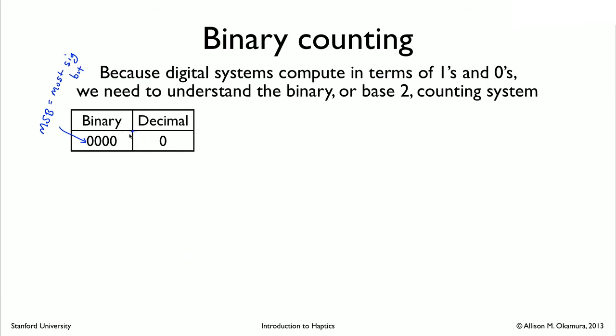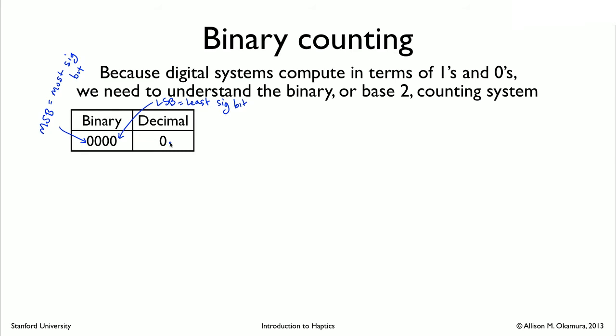And the one on the right side is going to be the least significant bit, LSB, which stands for least significant bit. Okay, and so binary 0000 is just going to be decimal 0. It doesn't really matter actually how many bits you're considering. A bunch of zeros is just a 0 in decimal, which is our typical base 10 counting system.